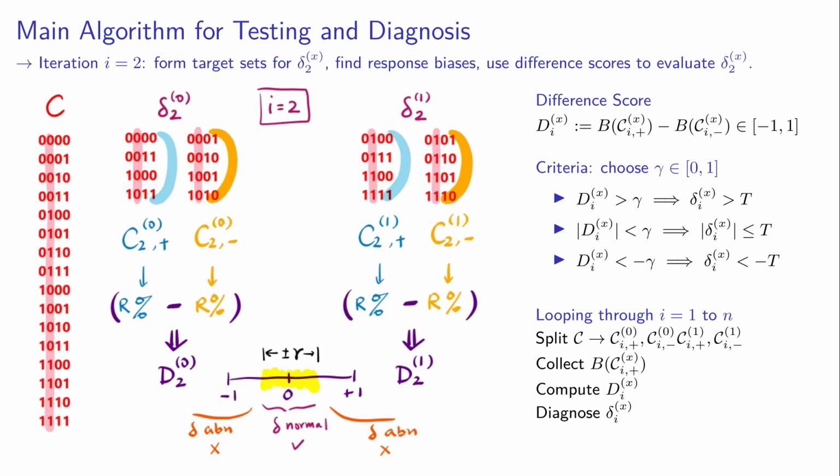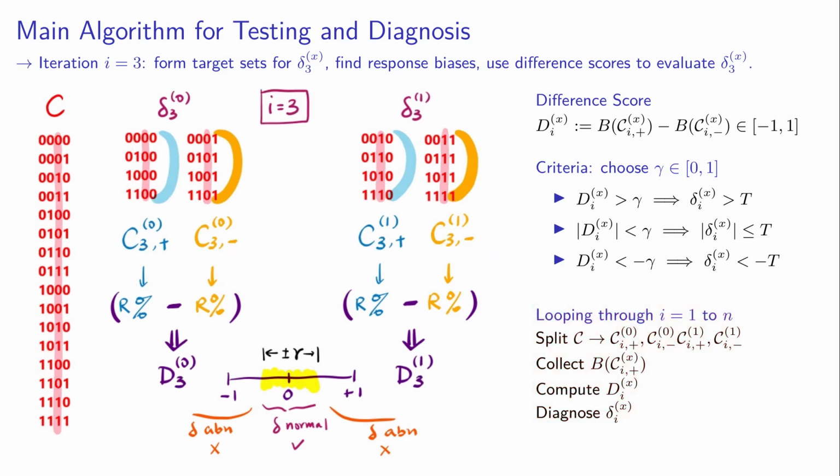Once the first stage has been tested, we repeat this process for stage I equal to 2. The main change is that new target sets targeting the deltas at stage 2 are formed from the random challenge set. We then perform the rest of the calculations again using the new target sets. The process repeats again for stage I equal to 3.